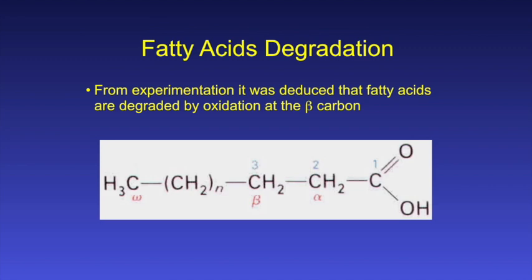Numerically, it is the 3rd carbon, where number 1 carbon is the acid, 2 is the alpha, 3 is the beta, but we refer to it as beta oxidation because that is what they named them before. All right, with fats, we have alpha, we have beta, and we have, what's that? Don't tell me it's W. It's omega. Have you ever heard of omega fats? Okay, that's where that designation comes from.